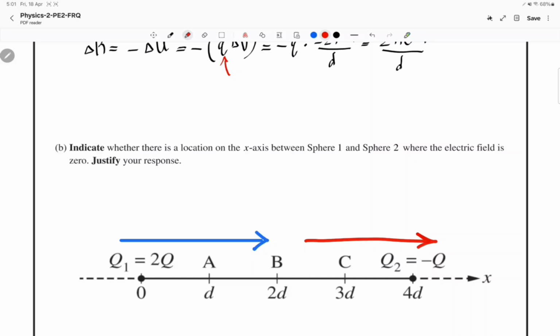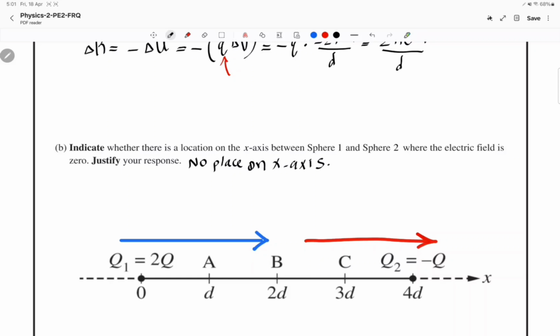So in this case, both fields are going the same direction. They will always add up, they will never cancel. Because ultimately field is a vector. So it doesn't care about the sign, it cares about the direction. Right now direction is the same, they will never be 0. So that's the answer? Well, yeah, we're going to say no. No place on the x-axis, right?